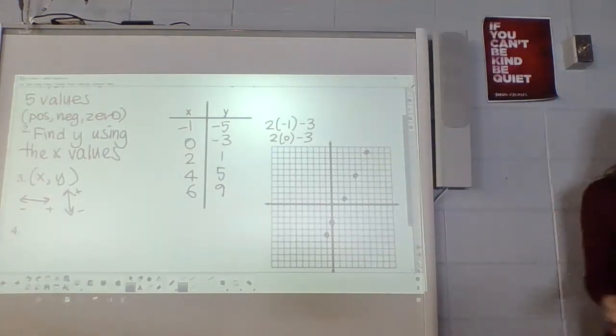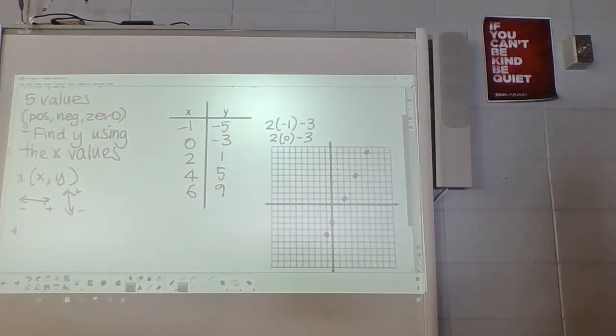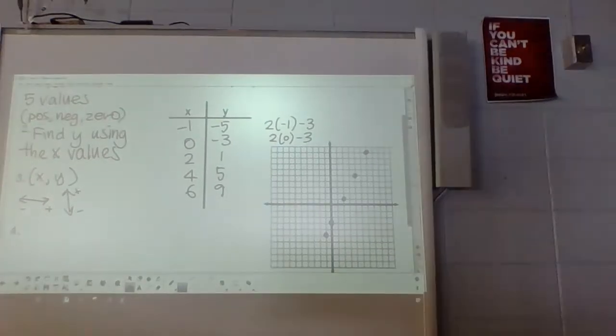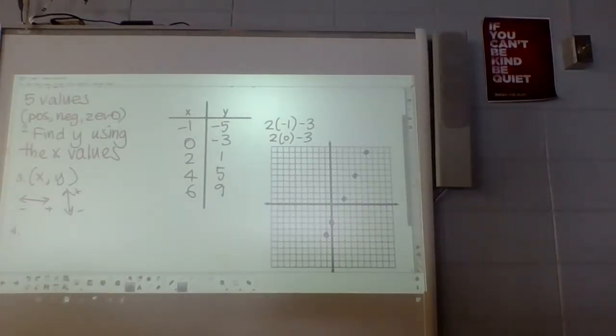Hopefully, if we're doing this right, it should form a straight line. If it doesn't form a straight line in what we're doing right now, you've done something wrong.